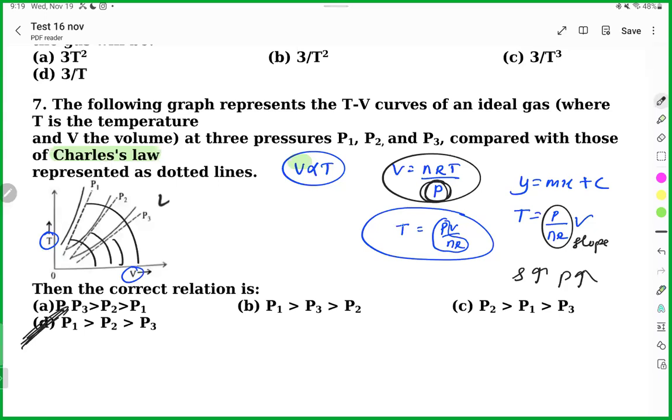But you have to make sure which coordinates you are taking in the y and x axis, T and V graph. If you take V-T graph, it will be the opposite. If you take V-T graph, then the answer will be A. Anybody have doubt in this? No, sir.